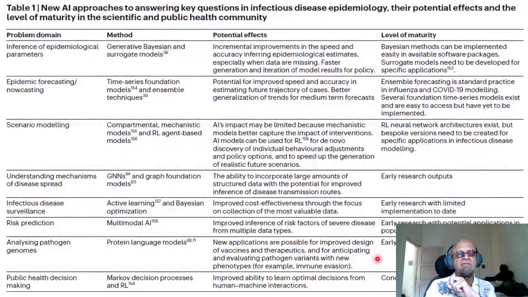Okay, so here is the table as promised. New AI approaches to answering key questions in infectious disease epidemiology, their potential effects, and the level of maturity in the scientific and public health community.